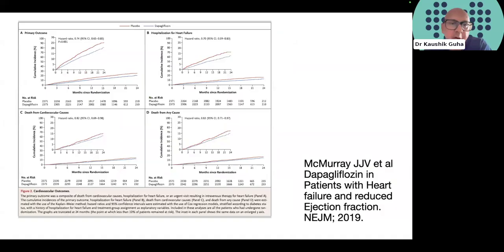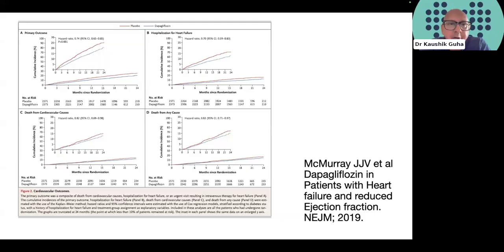And I draw our attention, I have not filled the discussion full of Kaplan-Meier curves, but if we look at the top right curve, this is from the DAPA-HF study, published in the New England Journal of Medicine in 2019, looking at about 5,500 patients randomized to dapagliflozin or conventional heart failure therapy for heart failure with reduced ejection fraction.